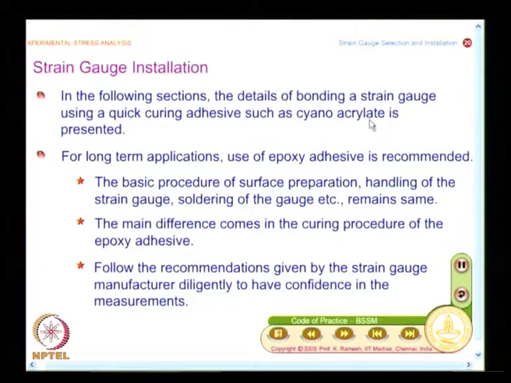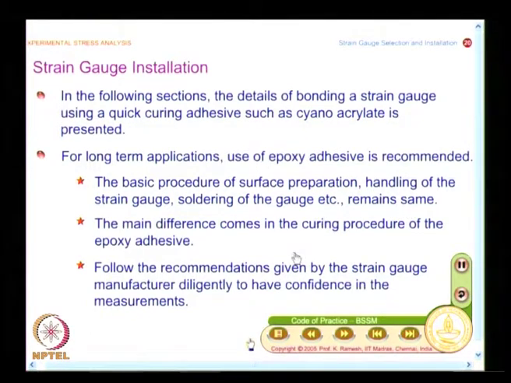And whatever we discuss is also extendable to epoxy adhesive. The difference is in the curing procedure of the epoxy adhesive. The basic procedure of surface preparation, handling of the strain gauge, soldering of the strain gauge, etc., remains same.